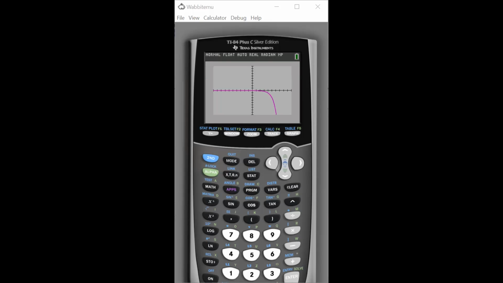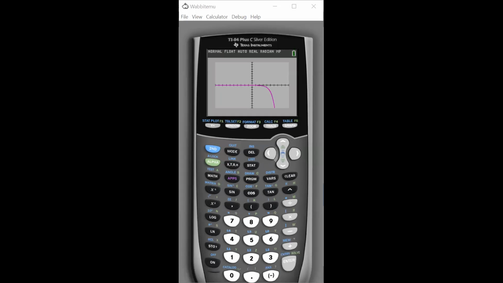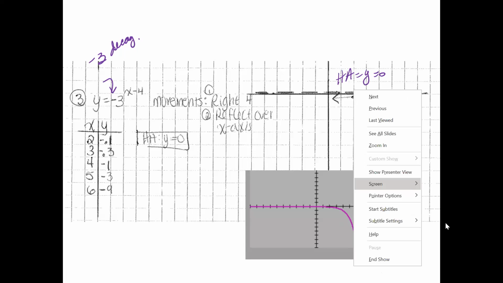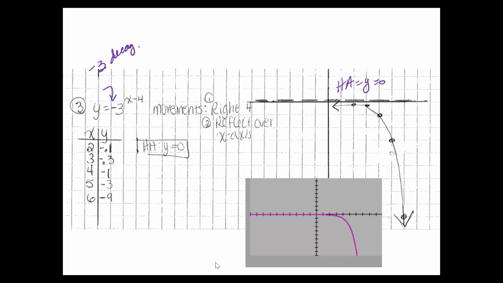So on your poster, make sure you're drawing this, so that you have horizontal asymptote y equals 0, and you're drawing your graph as so. I'm just going to make myself a little mental note: no parentheses in TI-84, so y equals -3, x minus 4.